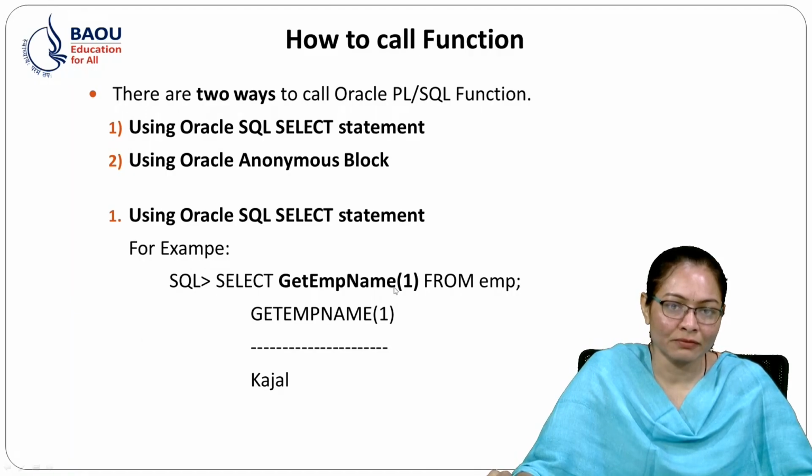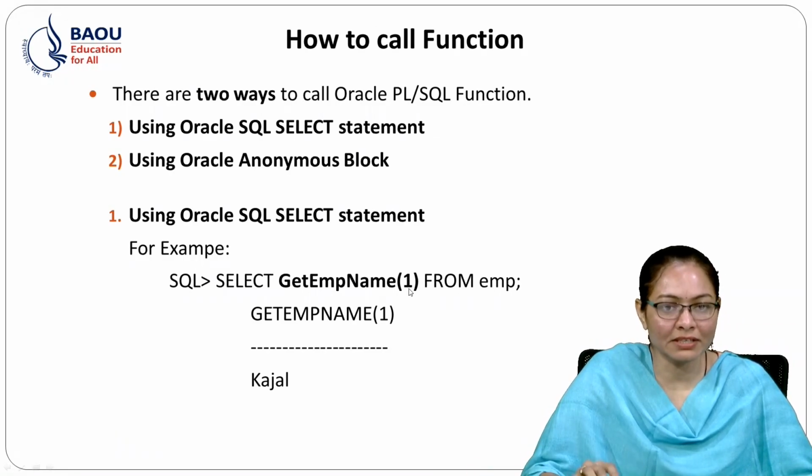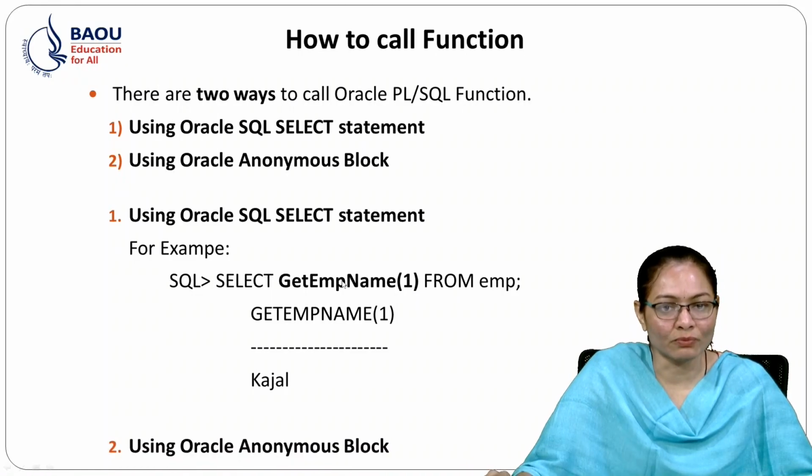Select, then the function name, and in the brackets 1 is passed as the employee number in the n variable, from the employee table. When this statement is executed, it will call the function, 1 is passed to the function, and it will return the value. Employee number 1 has the name Kajal. Employee name is Kajal.